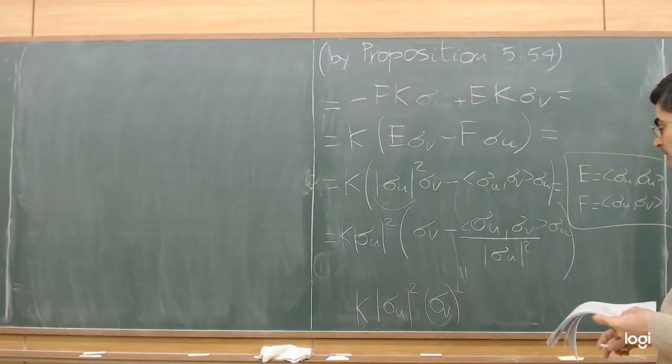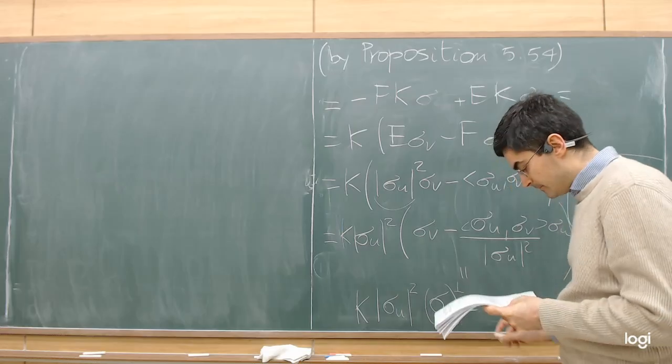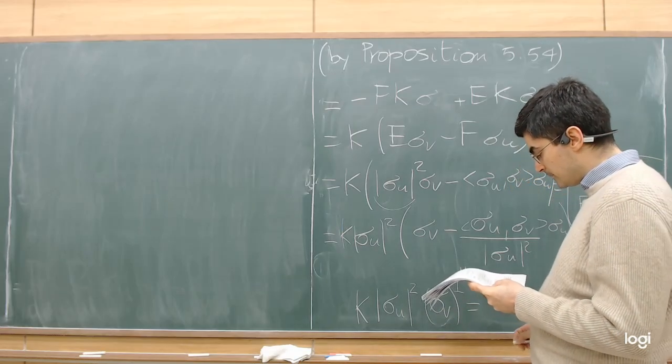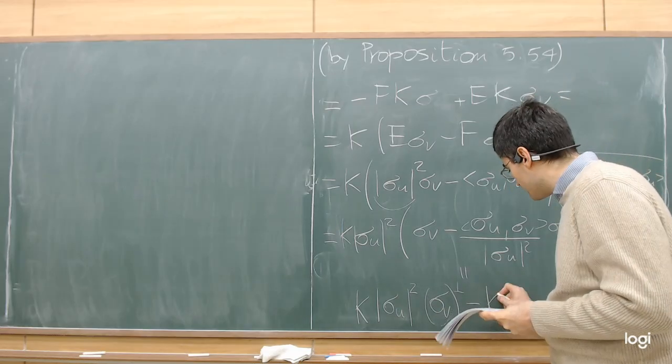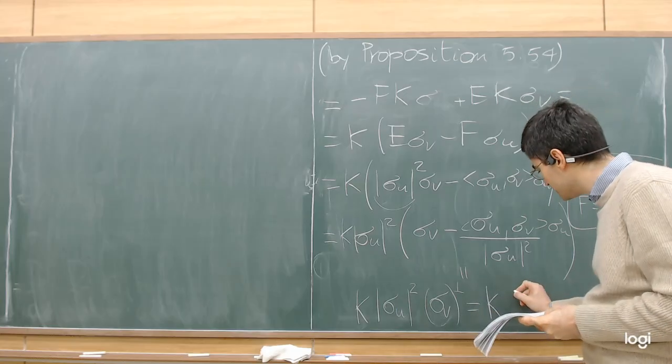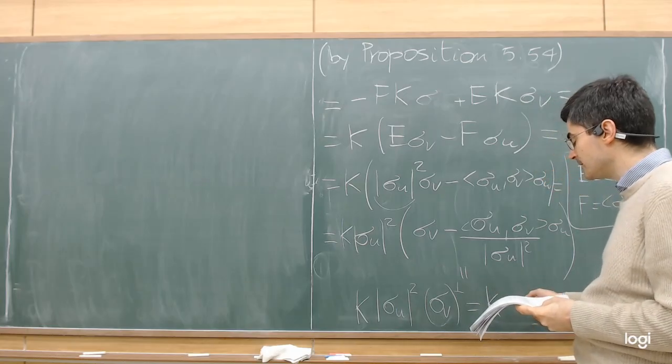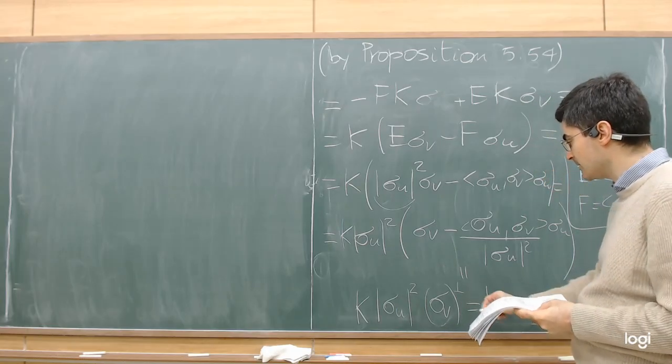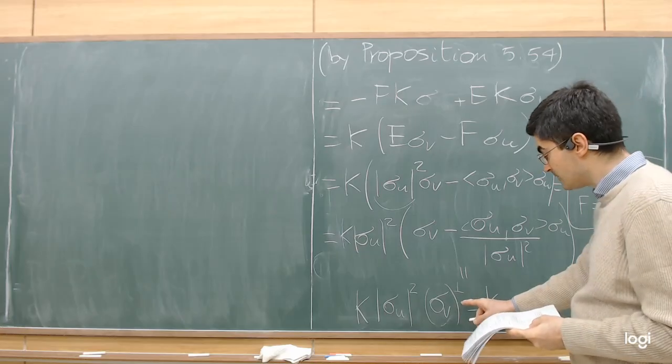And the idea for doing this is that we multiply and divide this vector by its length.